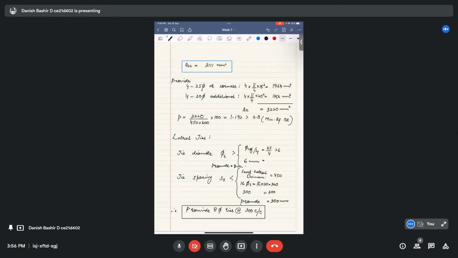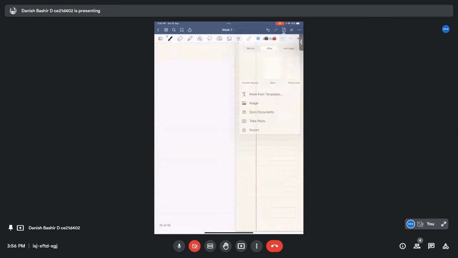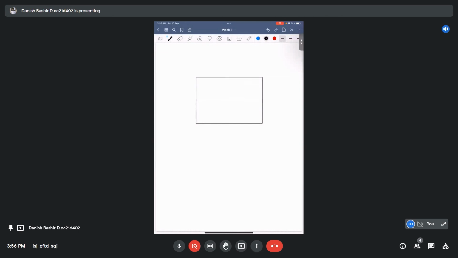This is this one. So let's show it in a sketch how we designed it. First we have the column section like this.